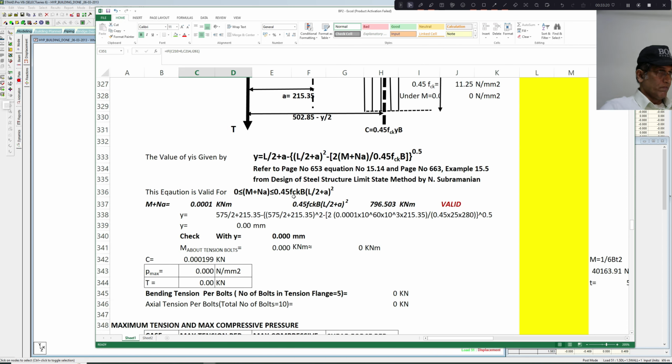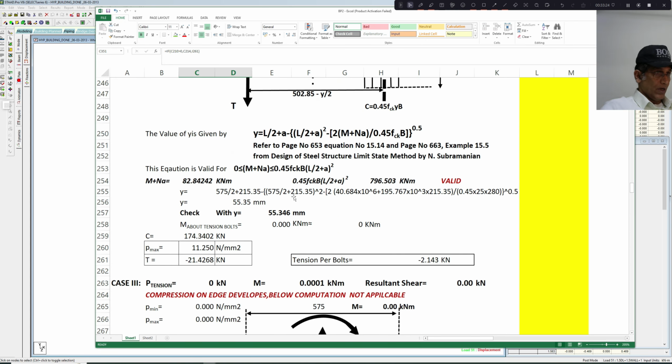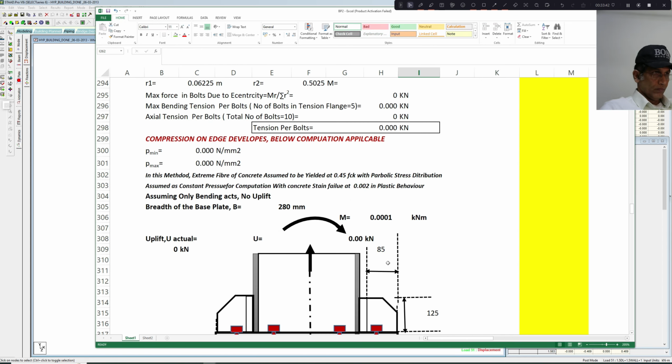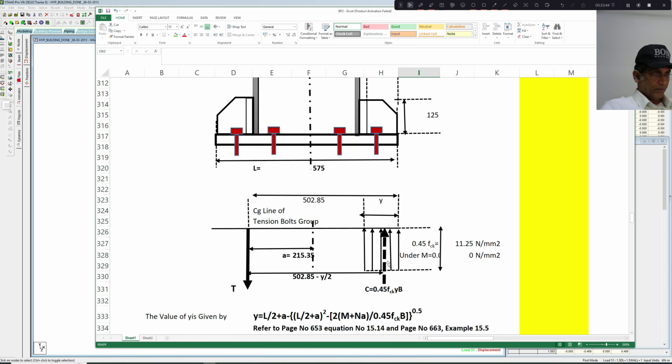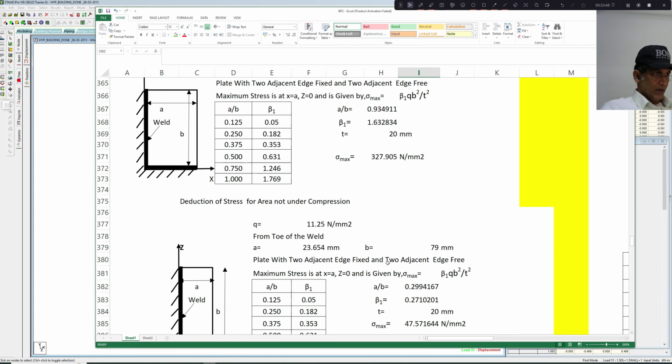So if we make this tension value absolute, we will get tension in the table. So for the tension also it will be calculated.